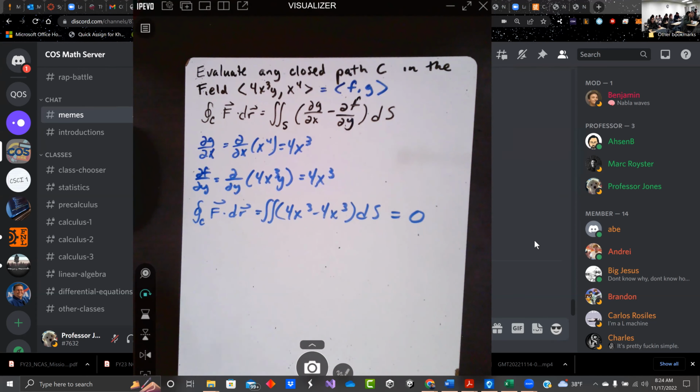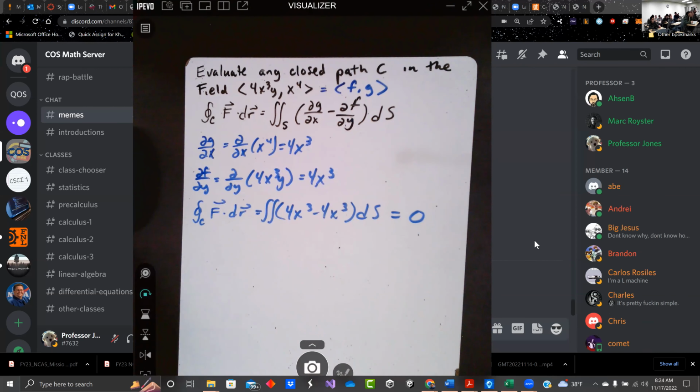That's it? And it's interesting to note that while this is 0, this is also a conservative vector field, isn't it? We could test it. Well, yeah, the integral of F dot dr equaling 0 should mean it's a conservative vector field.